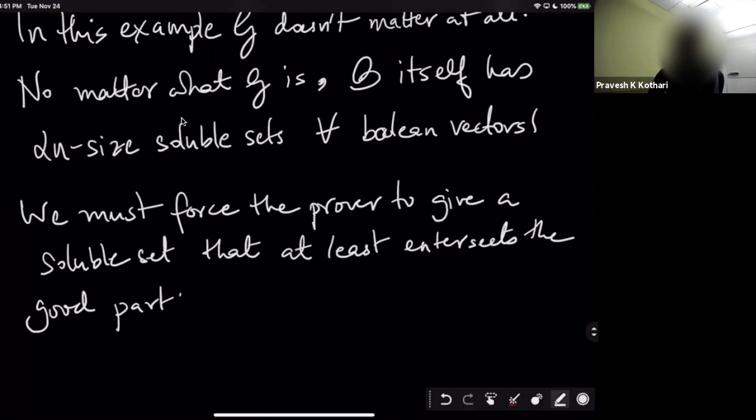We don't quite know how we could ever check that. But at the very least, we should demand that the prover should not be able to play this game completely in the bad part. There should be a way for them to give us something and for us to check that the good part is not ignored, that at least some soluble set contains some equations from the good part.